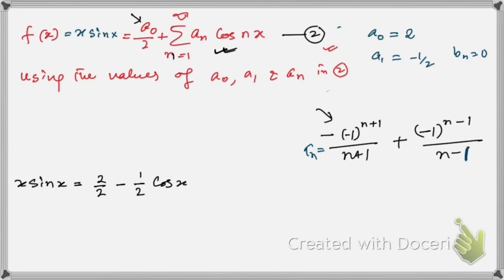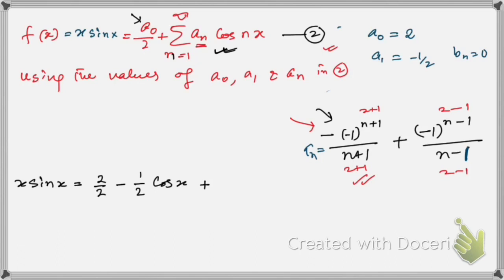Here you can see, if you put n is equal to 2 here, this part an is given by this expression. If you put 2 plus 1 here, and 2 minus 1, and this is 2 plus 1 and 2 minus 1, then first let us deal with this part only.